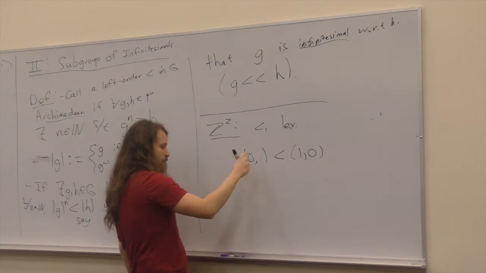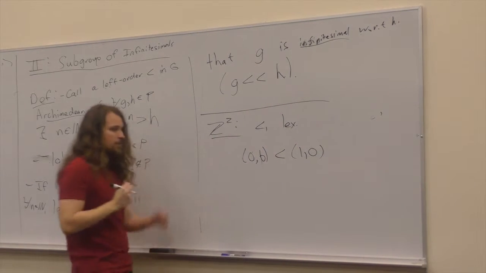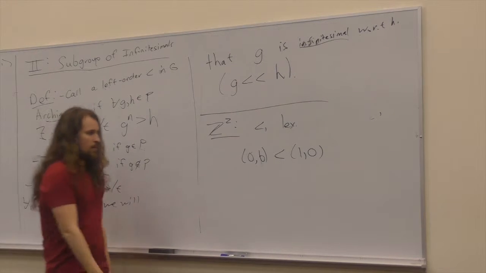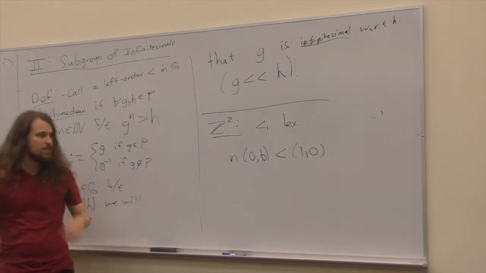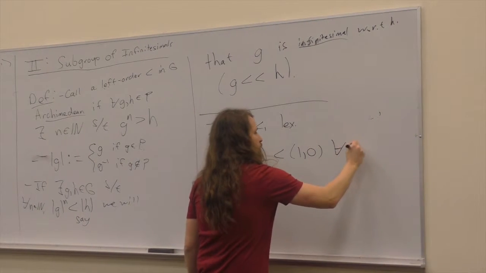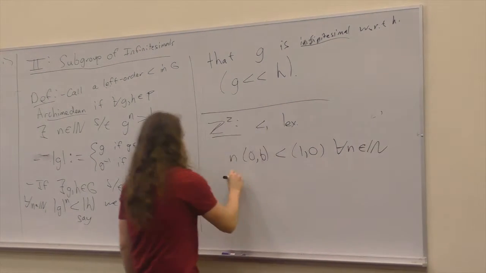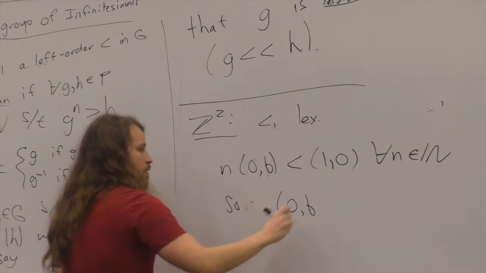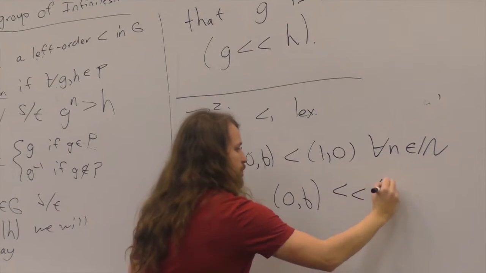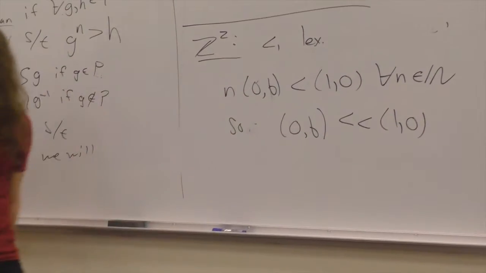I can really replace this with any integer, and no matter how many times you add (0,b) to itself, it's never going to be bigger than (1,0). So this is for fixed b.